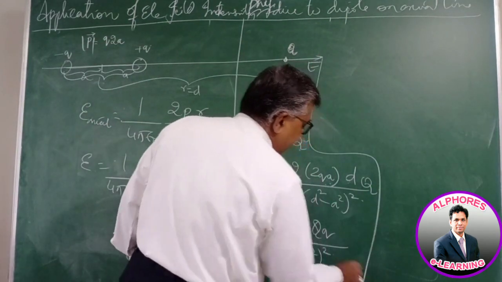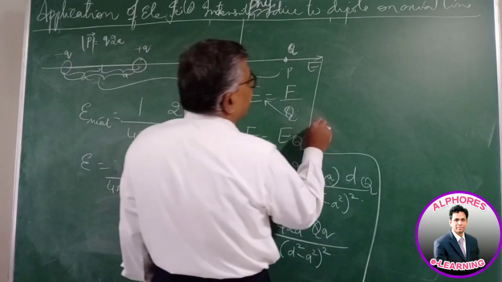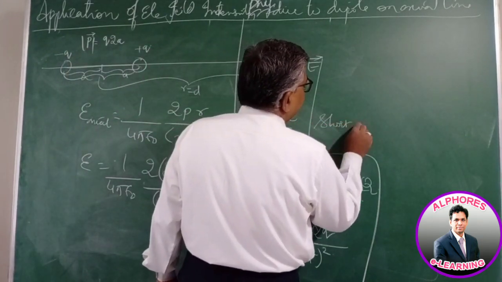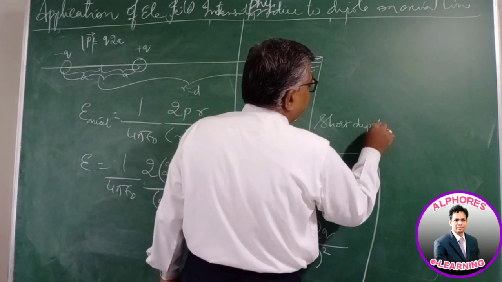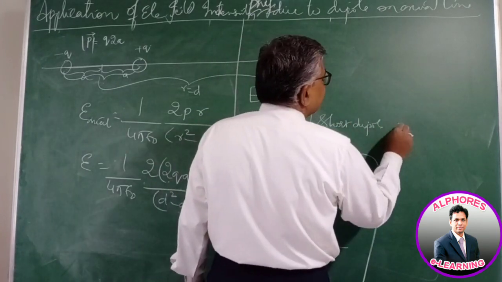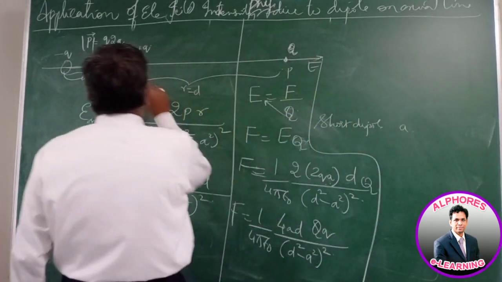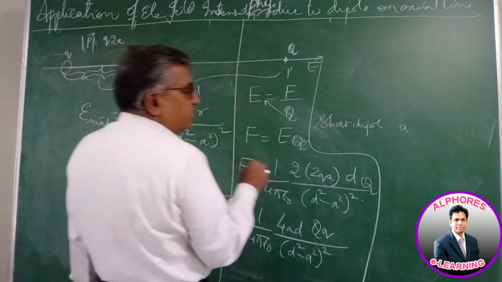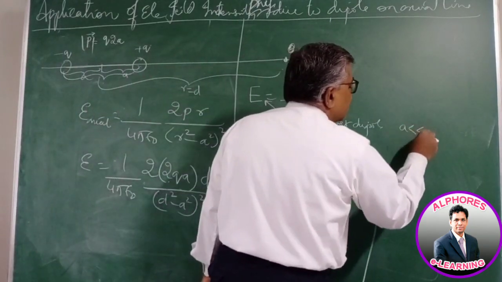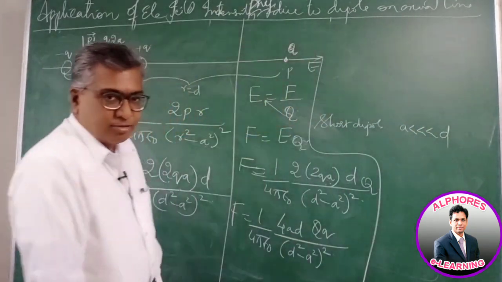Had this electric dipole been a short dipole, in the sense that the distance of separation is negligible when compared to the distance of the point, so a is much less than d.